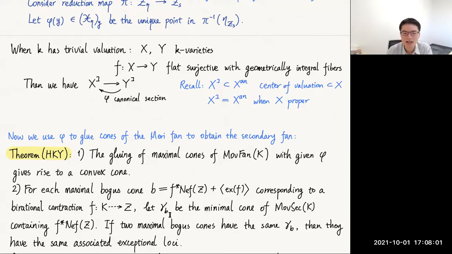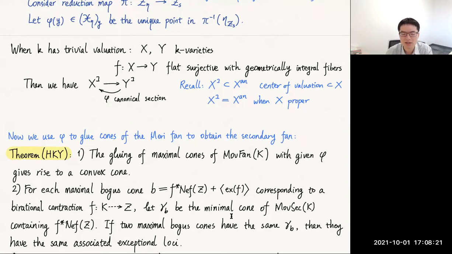Now, if we let this Gamma be the minimum cone of the moving part, maybe here I should write move fan, it's a typo.